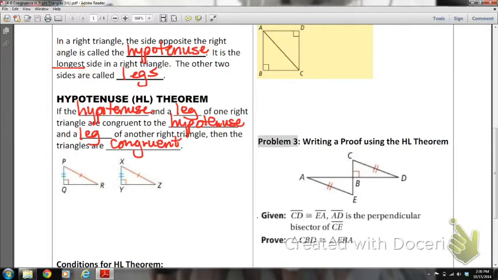So here we have two right triangles from the diagrams.